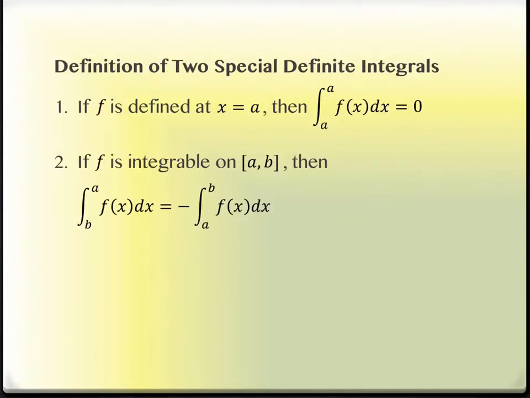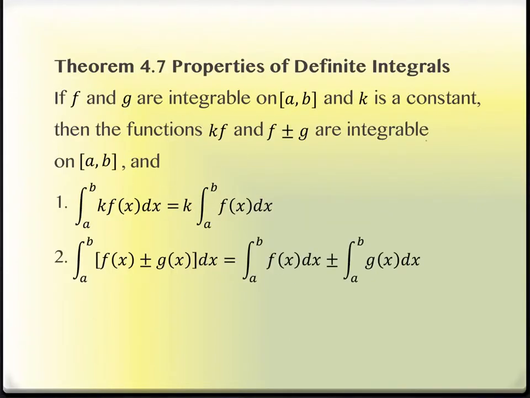And then we have just a couple more. These are properties of definite integrals, continued, if you will. So if you have a constant multiplier, just like with derivatives and limits and all the good stuff, with summations as well, you can pull that constant to the front. So k times f of x is the same thing as the k on the outside times the antiderivative of f of x.